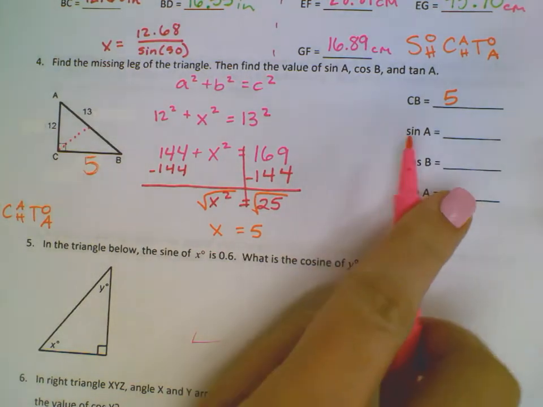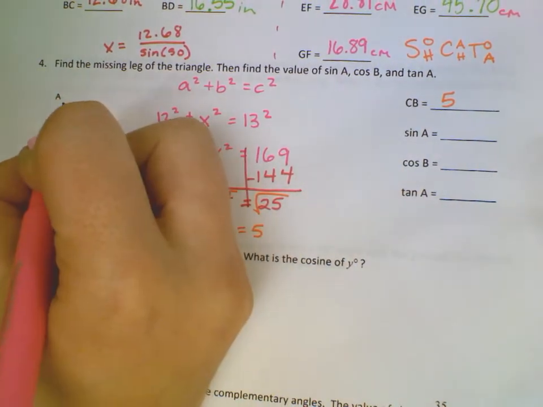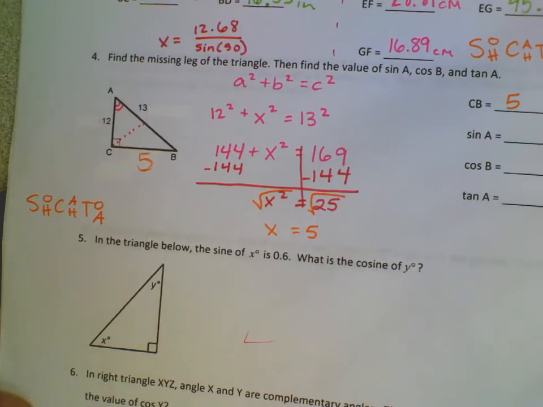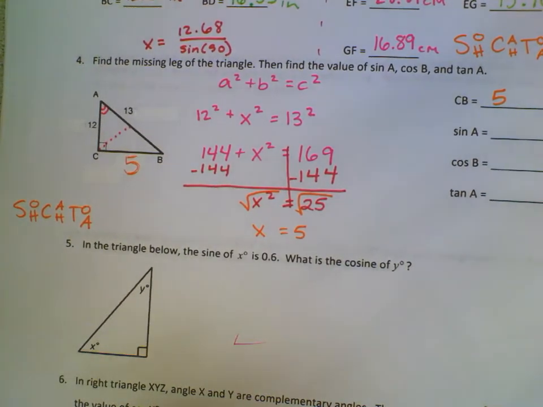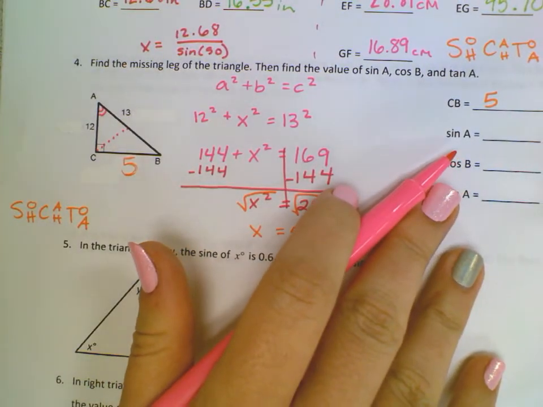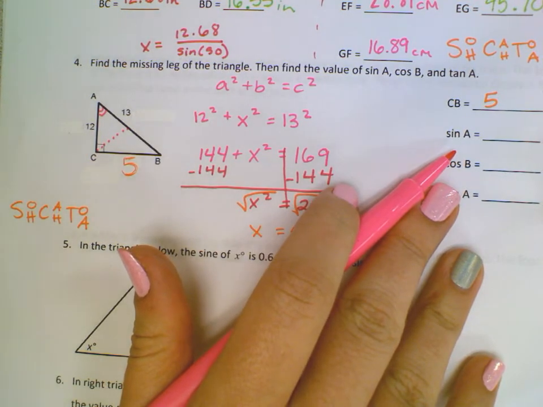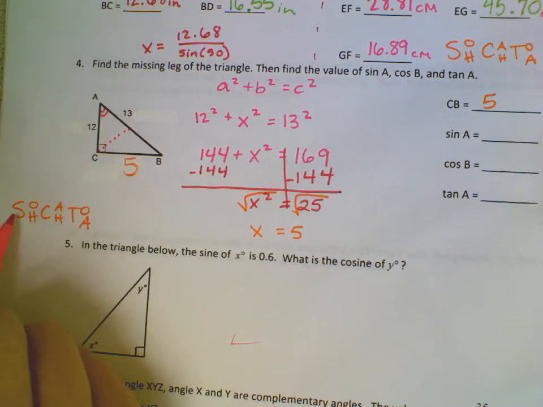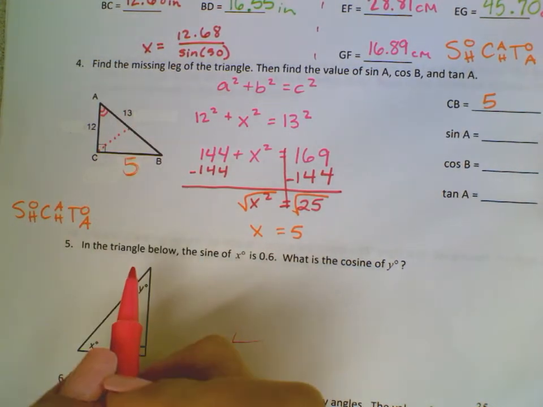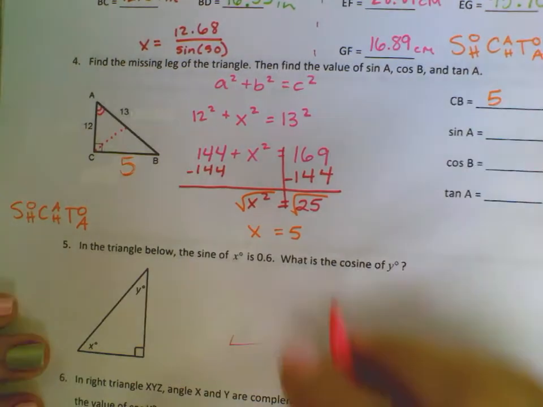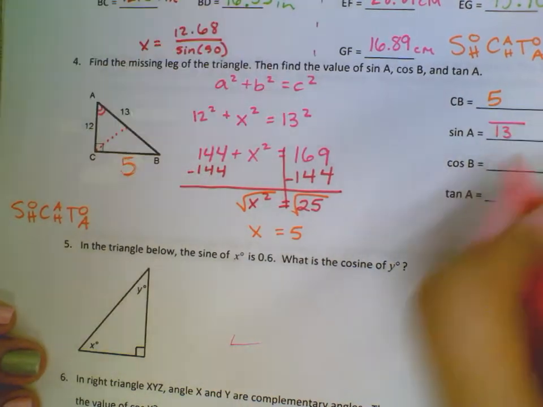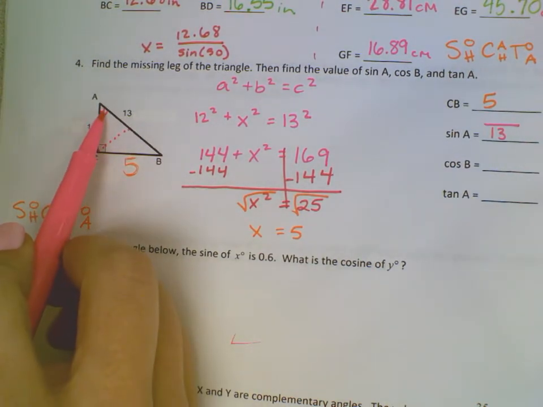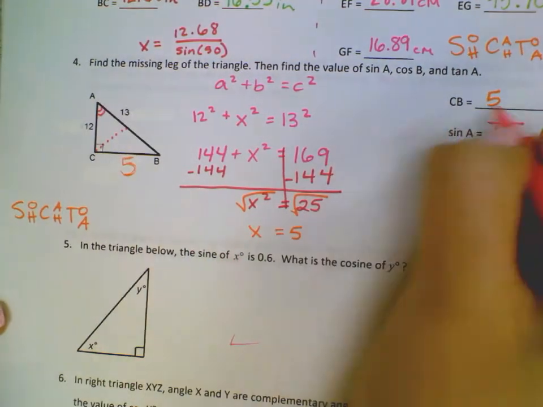So if they tell me sine of A, that means I'm looking at that angle right there. Let me pull this over to the left. There we go. So if we're dealing with sine of A, what I'm asking you for is the ratio that's associated with sine of A. So if I'm talking about angle A, sine is opposite over hypotenuse. We've already said that 13 is the hypotenuse, so I know that 13 will be in the denominator. Then I just need to figure out which side is opposite, because that'll go on top. If I'm talking about A, opposite of A is going to be 5. So that's all you need to do there.